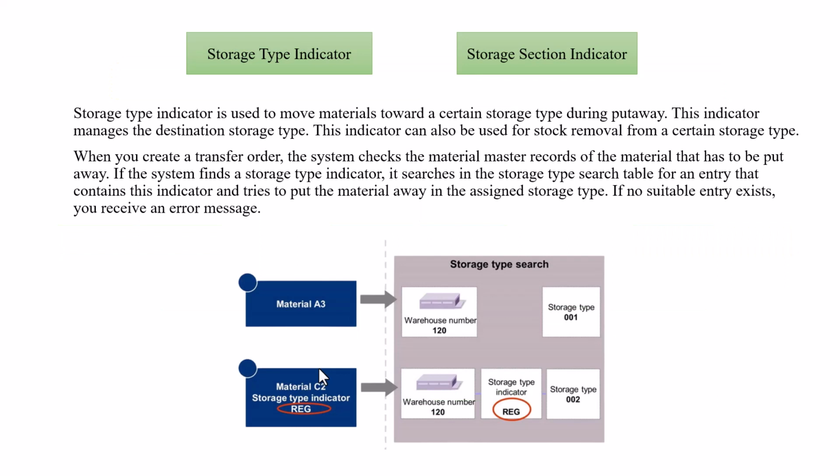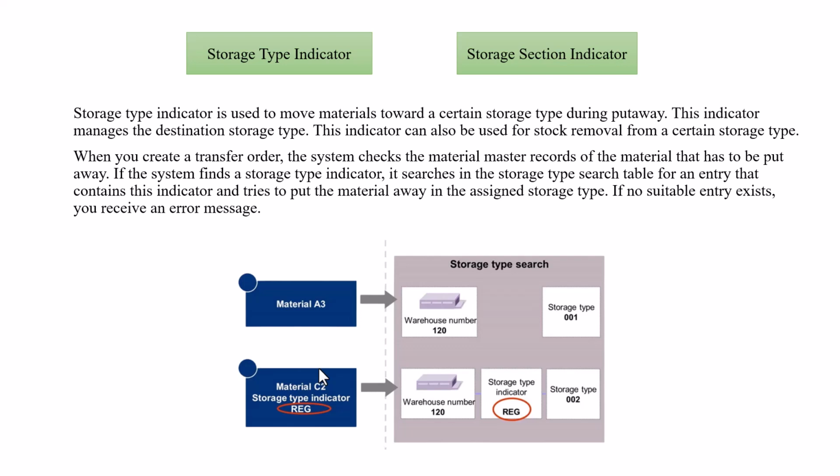First we will see the storage type indicator and the storage section indicator. The storage type indicator is used for the put away and picking process, and the storage section indicator is used only for the put away process. So what is a storage type indicator?